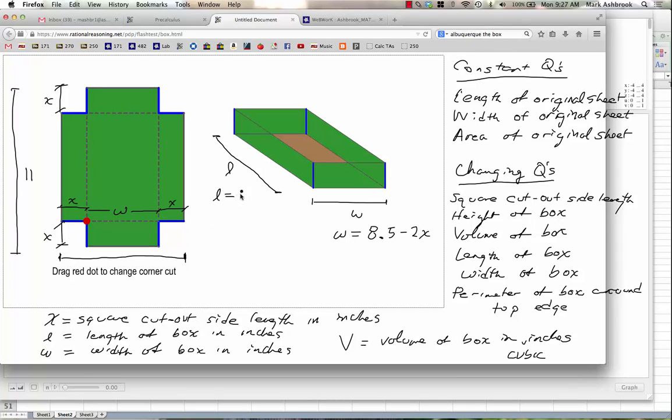All right, now we're ready to build a formula for the volume. So the volume then, you told me, was length times width times height. Okay, so what is the length? Width. And the last thing was the height of the box. What was the height of the box?